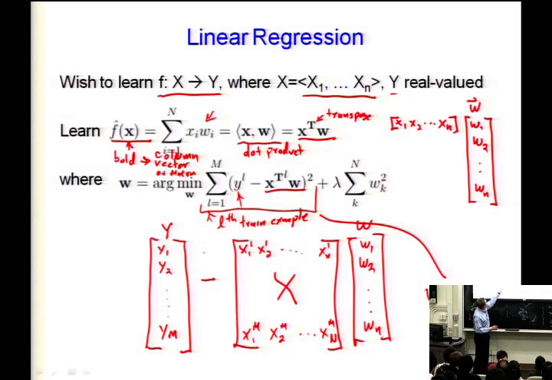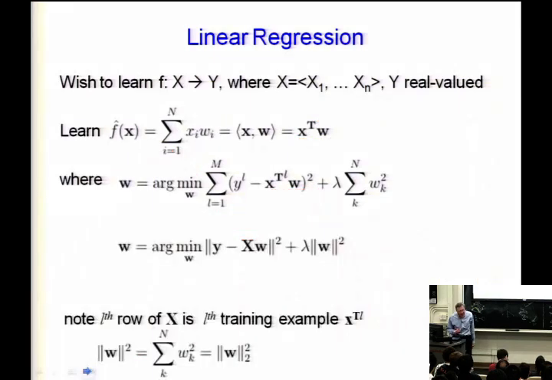I want the sum of the squared differences between those to be minimum, and so I'm going to be interested in the norm of that. It's just a notation for saying the sum of the squared differences in the two vectors. Okay? So this notation is what we're going to be using, and it's a much more compact way of thinking about these things. But it boils down to the simple expression.